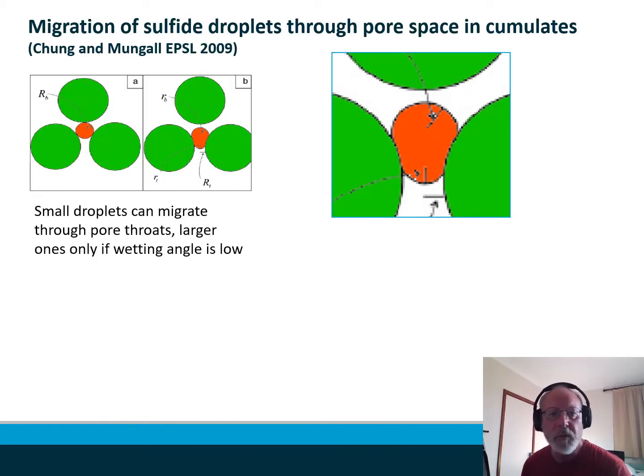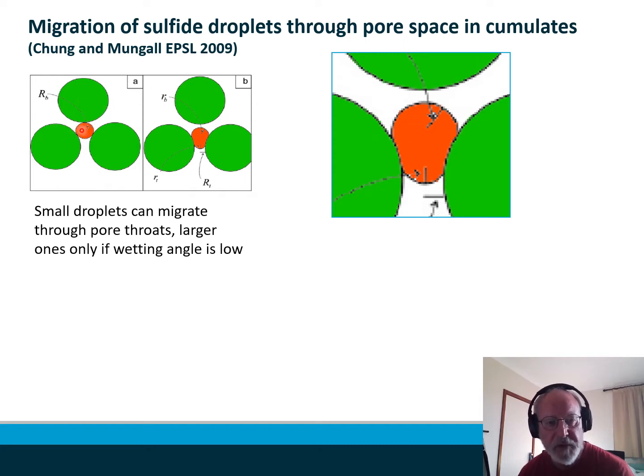So what's going on? Well, what's driving this? Now let's go back to the physics again. What's driving this is the interplay between the surface tension effects, which govern whether the sulfide can or can't wet the olivine, and the gravitational force. Here we've got a simple diagram. The green represents olivine, the red represents sulfide droplets, and the white is silicate melt.